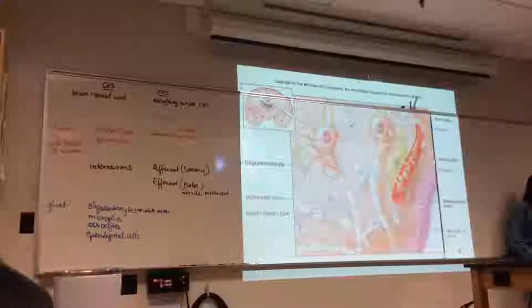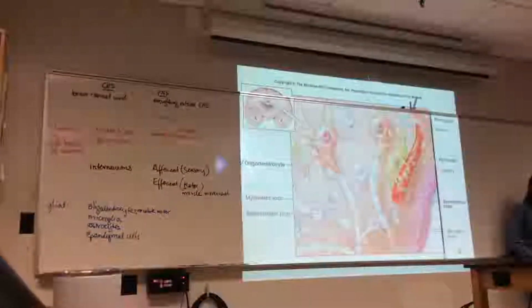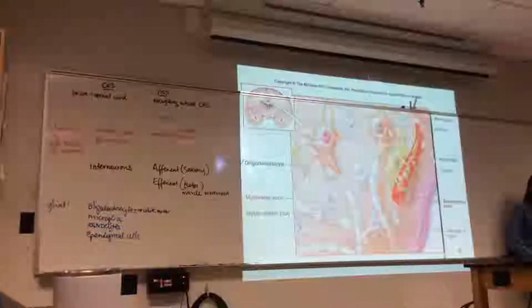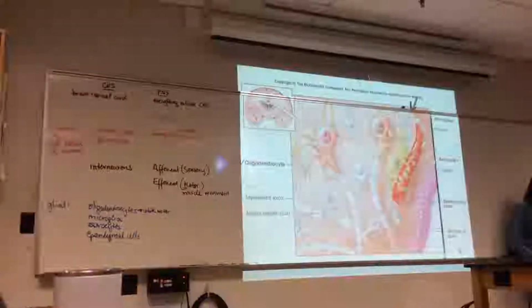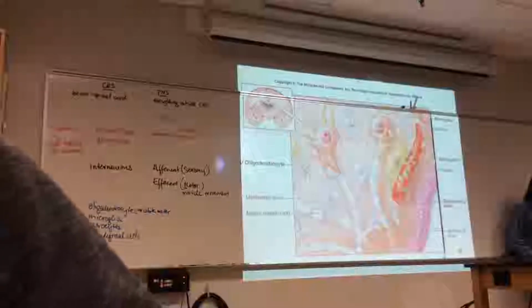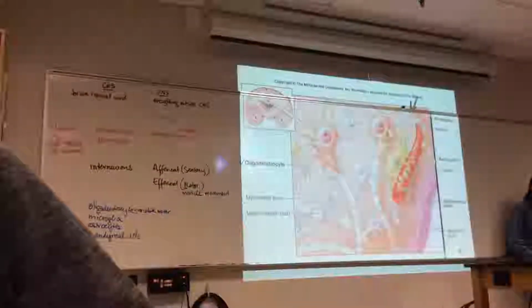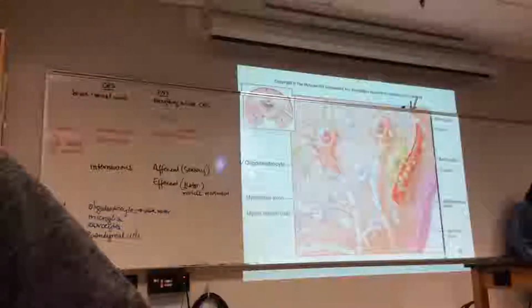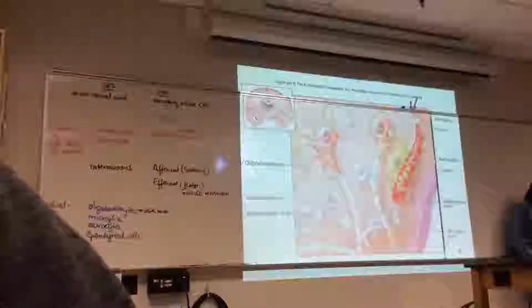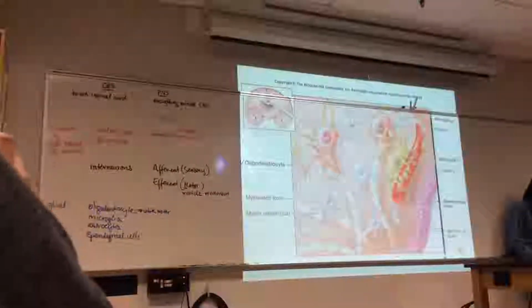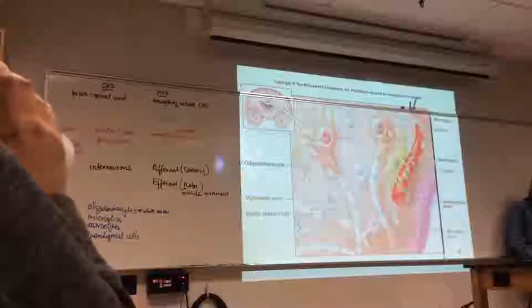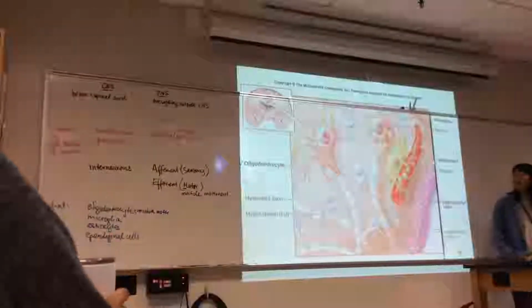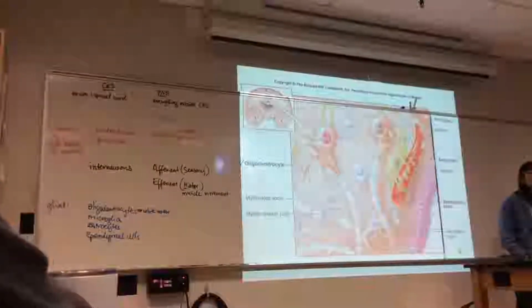Yes? What's in a capillary? You should know this by now. Anyone? What's in a capillary? Blood. But in that blood, what kind of stuff do we have? Water, oxygen, nutrient, agree? So in other words, the astrocyte is your blood-brain barrier.